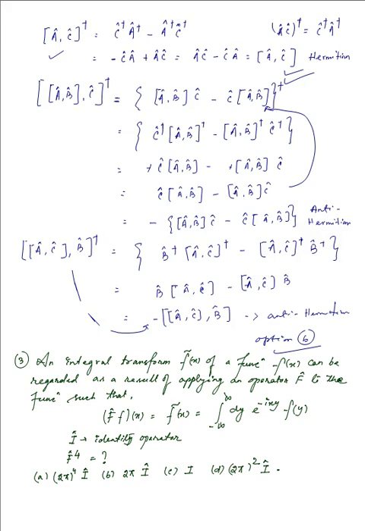We have to check whether the fourth power of f, that is applying the operator 4 times, what does it lead to? And we'll check that in the next page for sure.